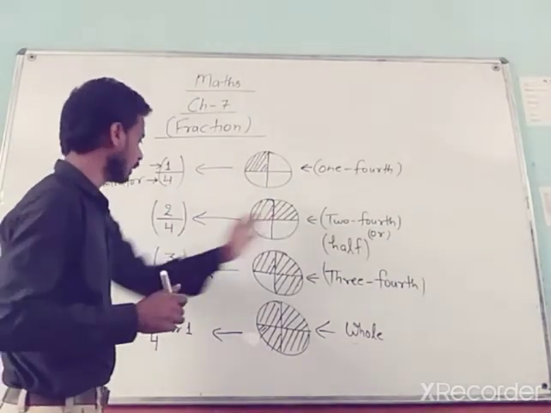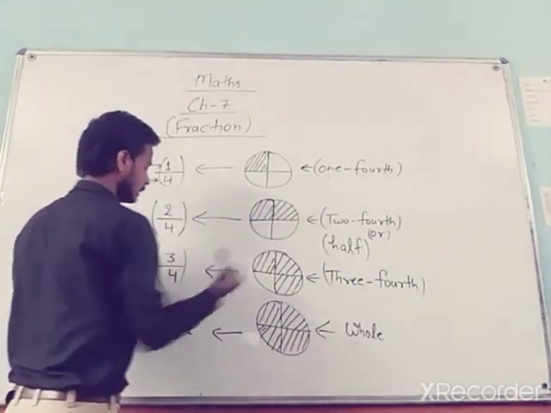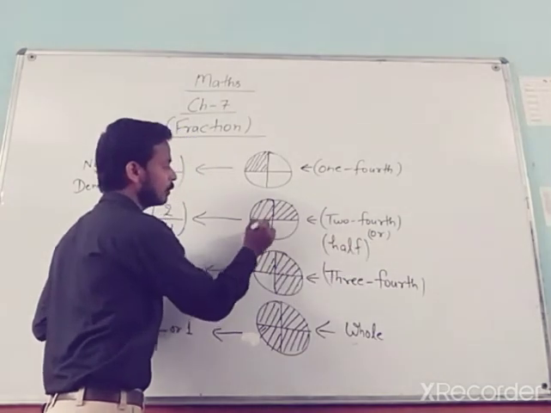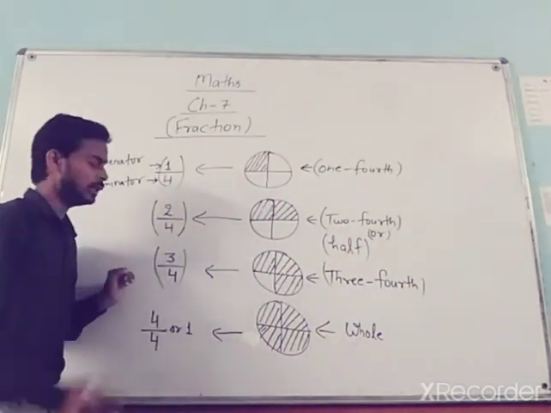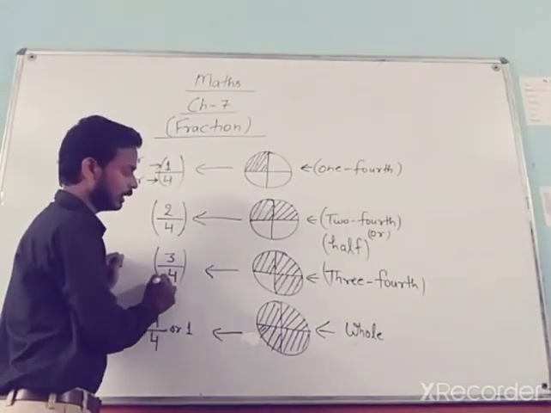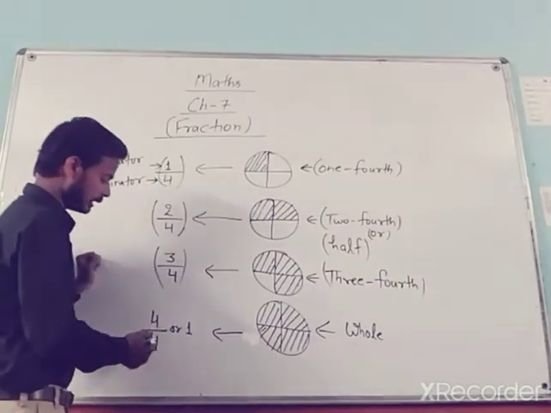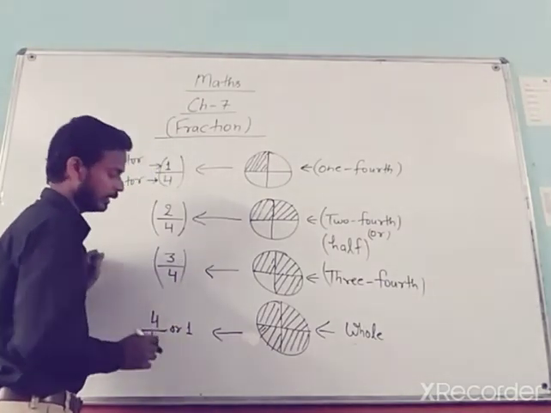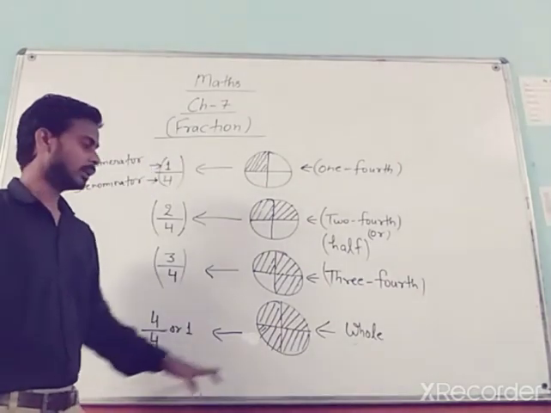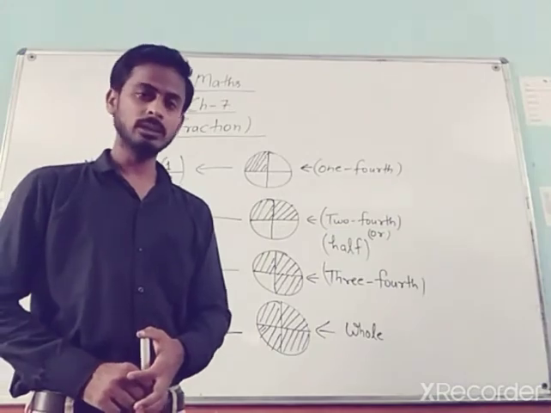If you take two parts, then 2 by 4, or 2/4. 2/4 is also called half, because half of 4 is 2. Clear? Next, if we take 3 parts, it means 3 by 4. If you take 4 parts, it means a complete whole, then it is equal to 1. It's called 1 whole or whole. Clear?